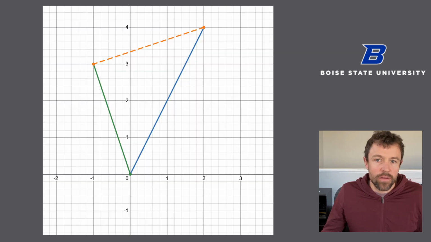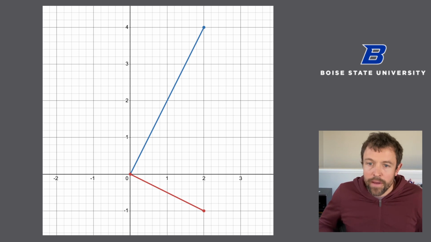So let's go to this example, and let's get rid of these 2 lines, but let's add in a red vector. These 2 vectors are perpendicular.